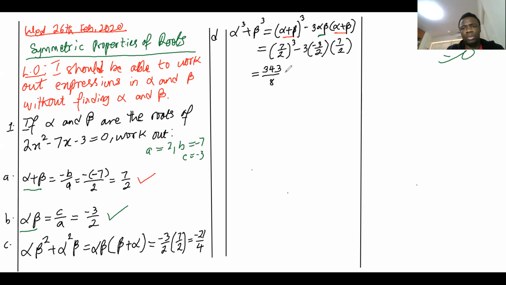So minus times minus is plus. What is this product? 9 times 7 is 63. Is that correct? 63 over 4. So adding this fraction gives what? 471 over 8. Is that correct?